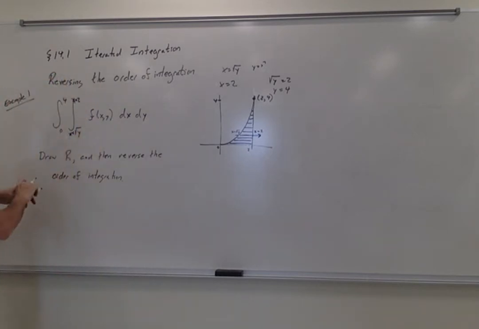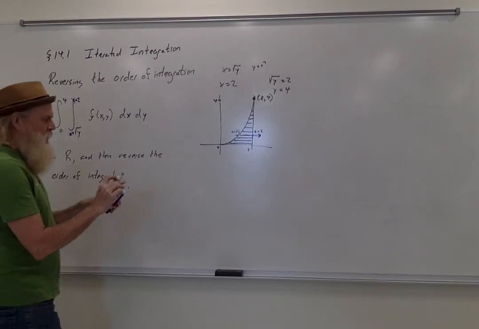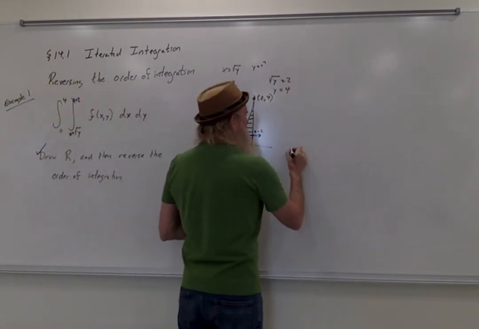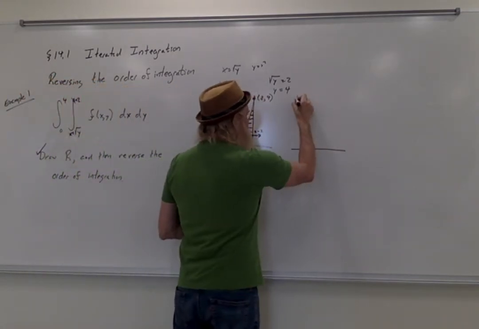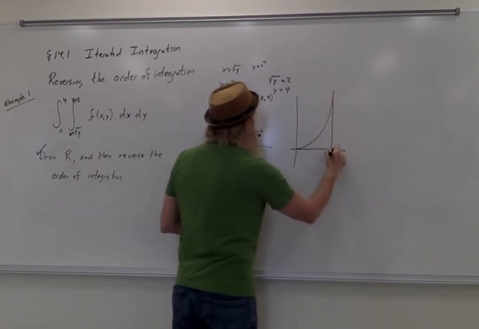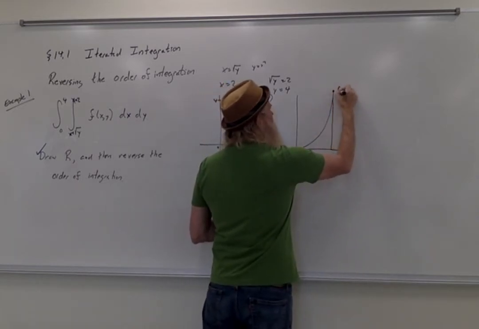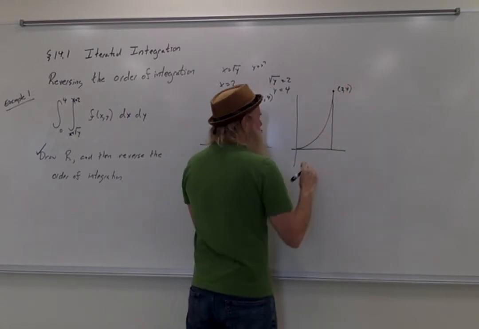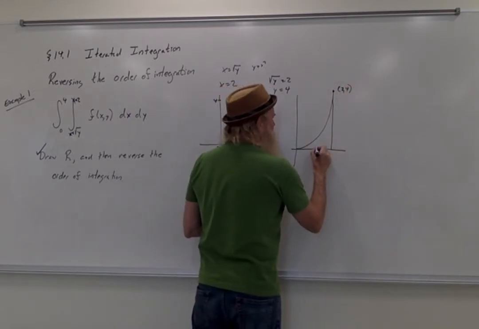So that's drawing R. We've done that. Now let's see if we can reverse the order of integration. So let's draw the picture again. Same region. But this time, I want to slice it vertically.